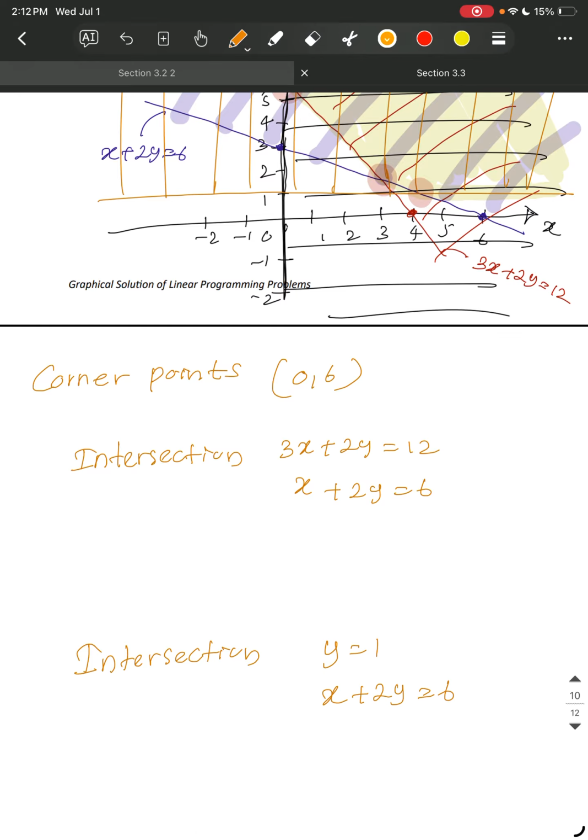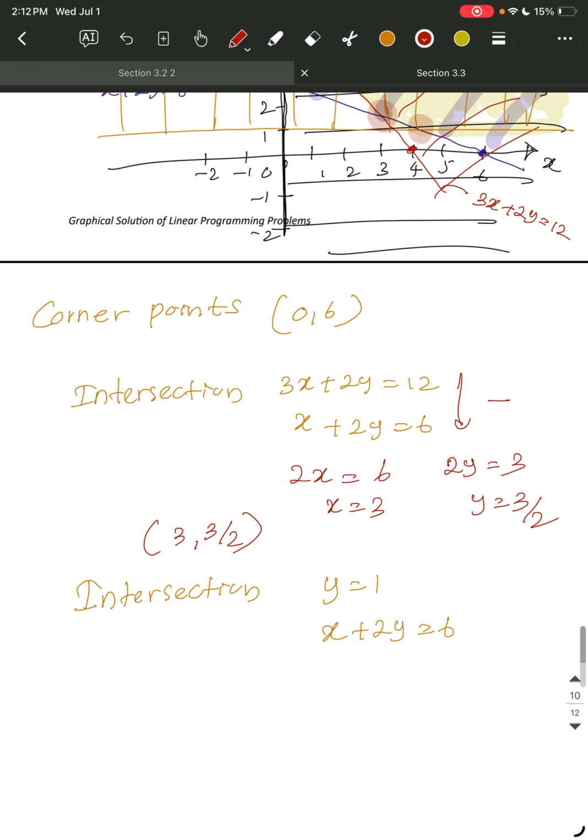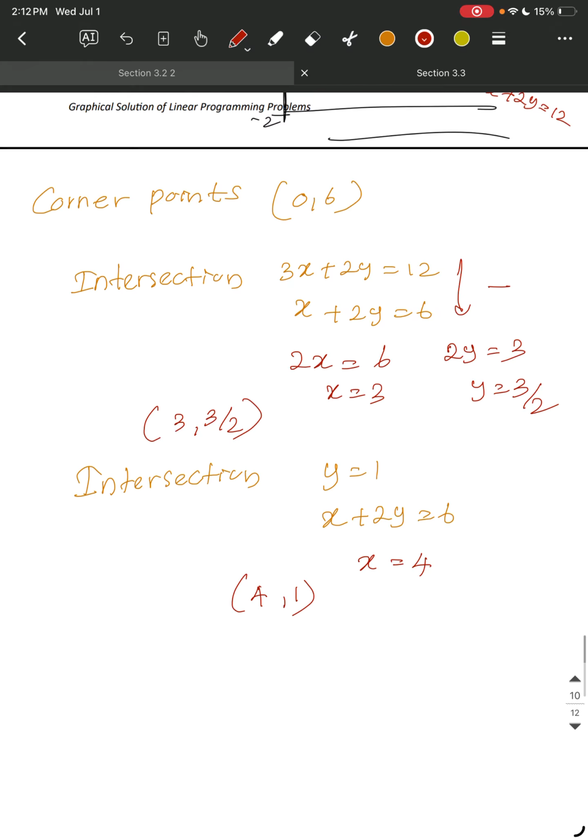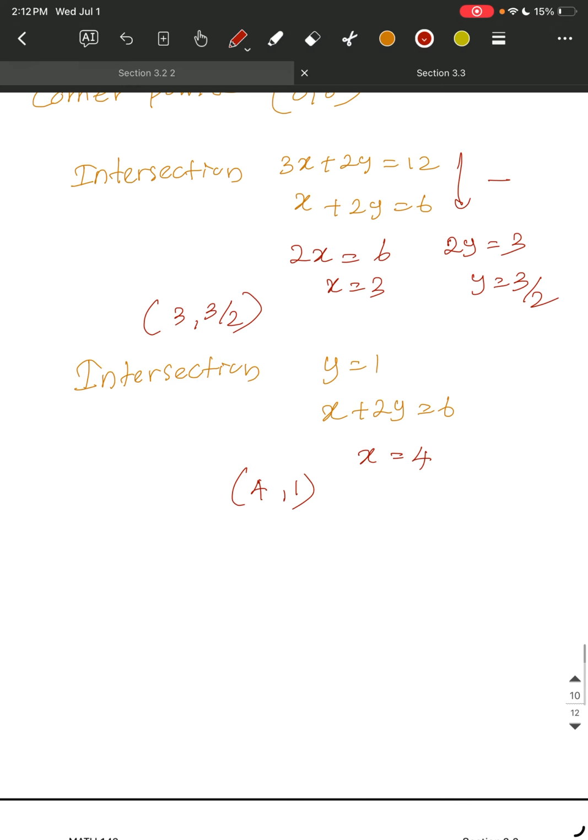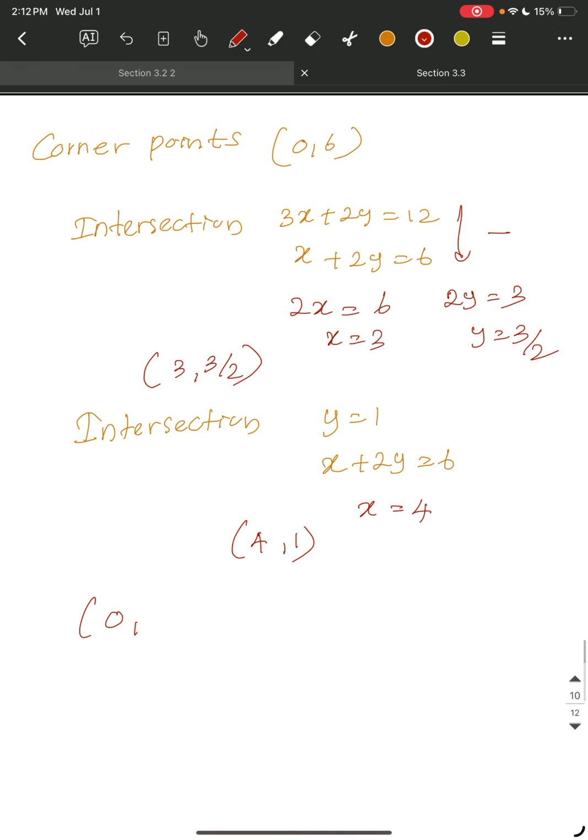So let's find it quickly. 2x equals 6, x equals 3, then 2y equals 3, y equals 3 over 2. So 3, 3 over 2. And with y equals 1, then x equals 4, so 4, 1. So there are 3 corner points: 0, 6, 3 and 3 over 2, and 4, 1.